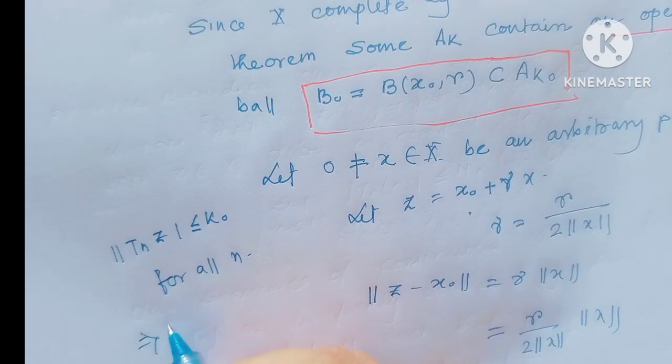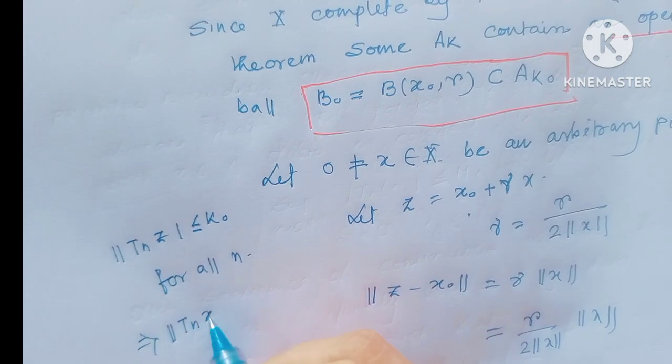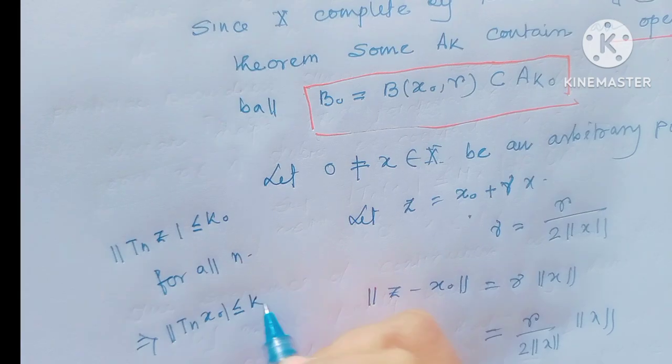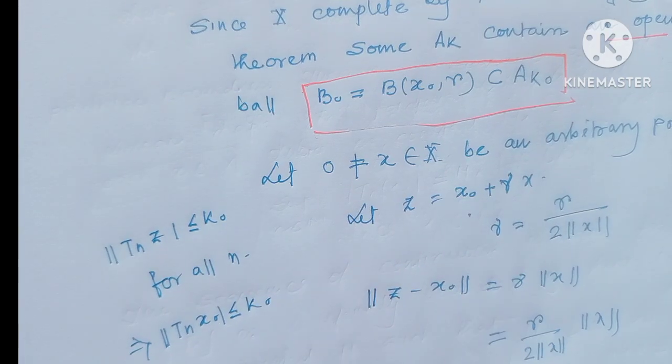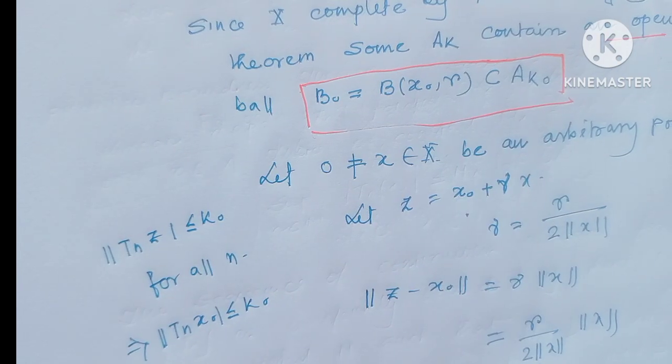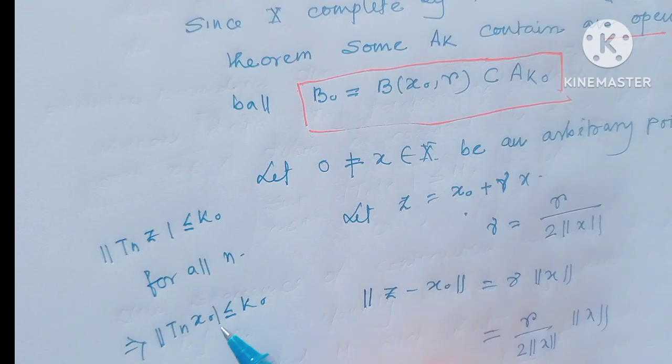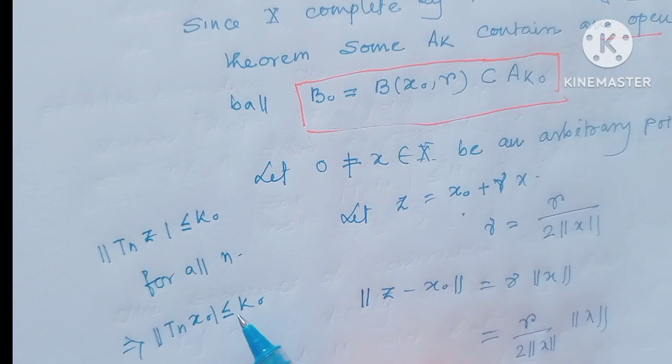Therefore, norm Tn x0 is less than or equal to k0, since x0 is the center of B0.